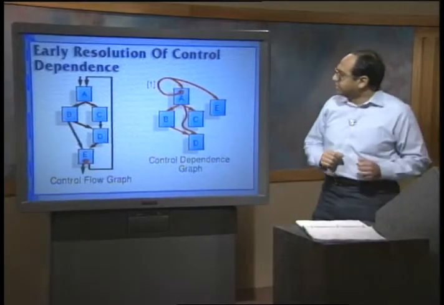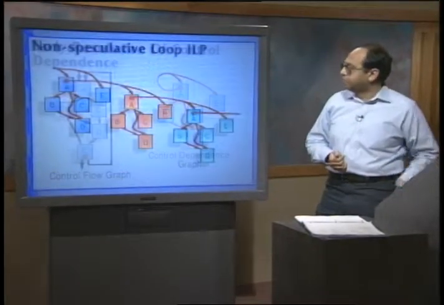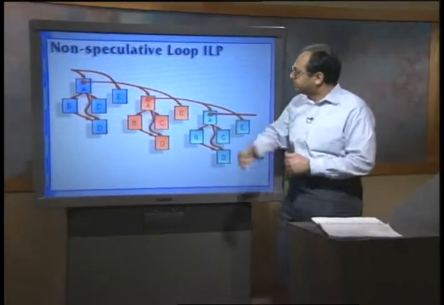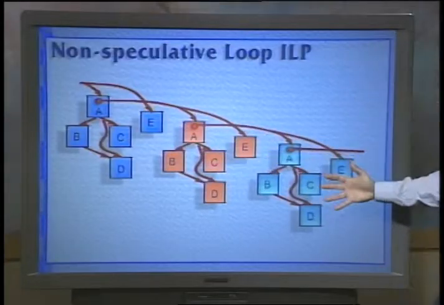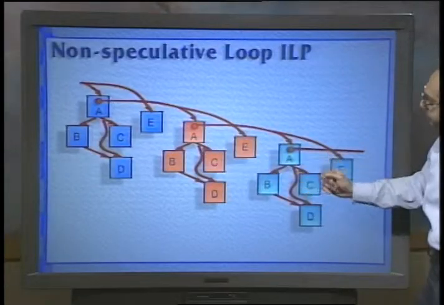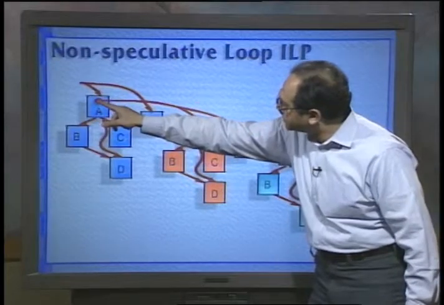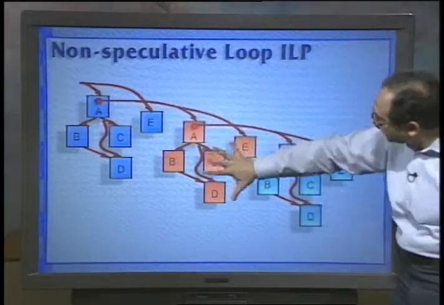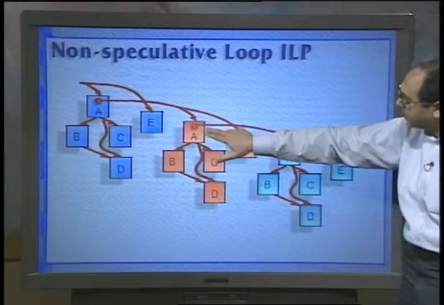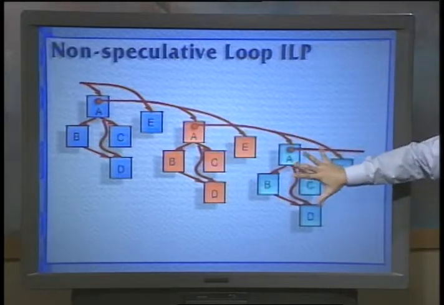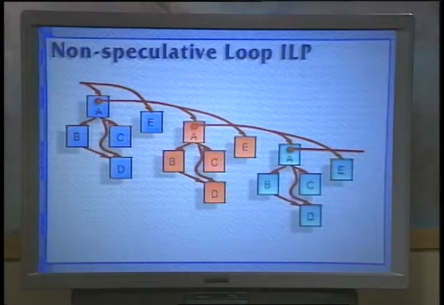If we look at the parallel execution of this loop, we get something like this, where each color represents one iteration of the loop: the first, the second, and the third. Here's the compare in the first iteration that determines whether the second iteration is going to be executed. Here's the compare in the second iteration that determines whether the third iteration will be executed, and so forth.